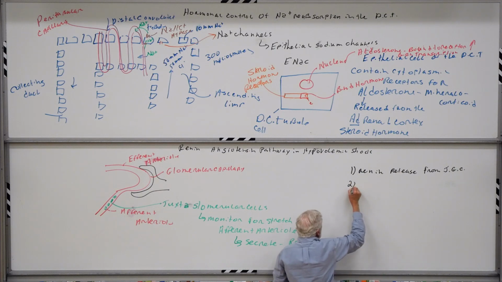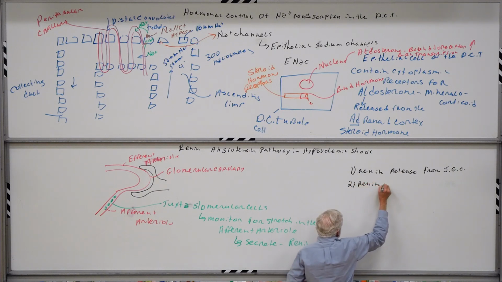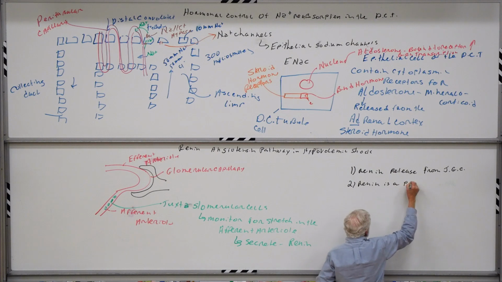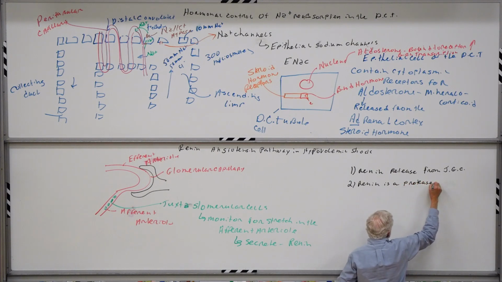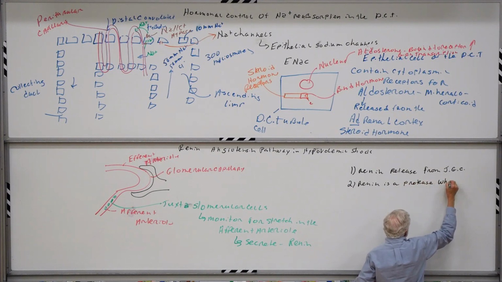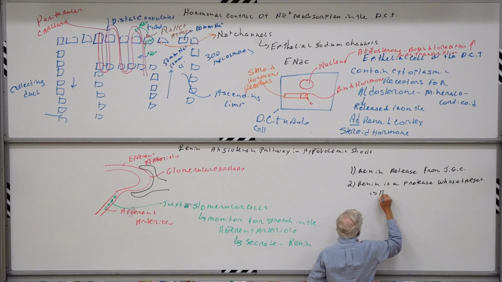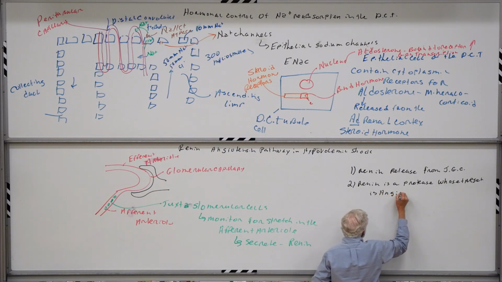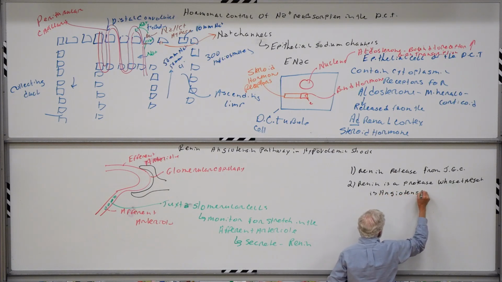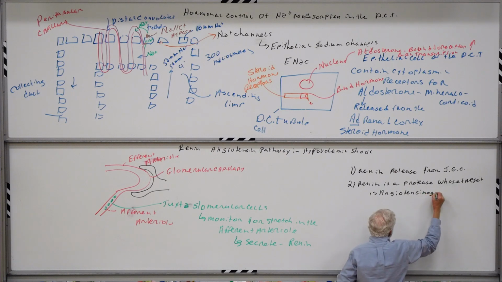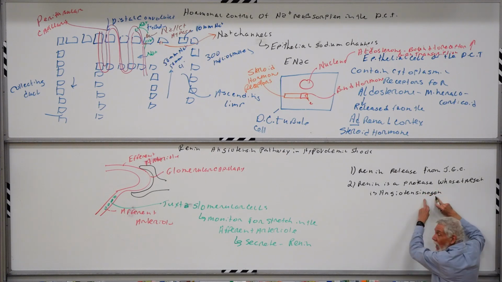2, renin is a protease whose target is angiotensinogen. Again, OGEN, this tells us it's an inactive precursor.